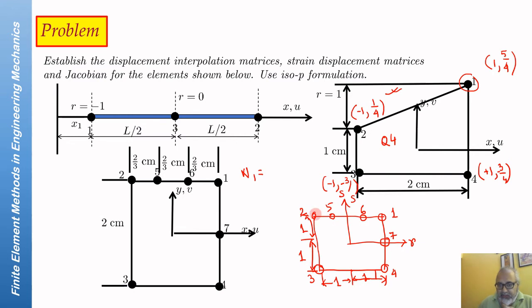Now what we see is, let us look at 2, 5, and 6. So in the r direction, there are 1, 2, 3, 4 nodes. So this would be a third order polynomial.